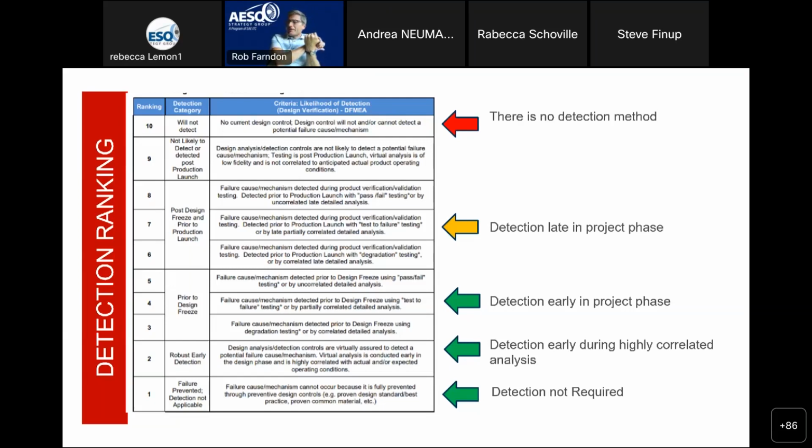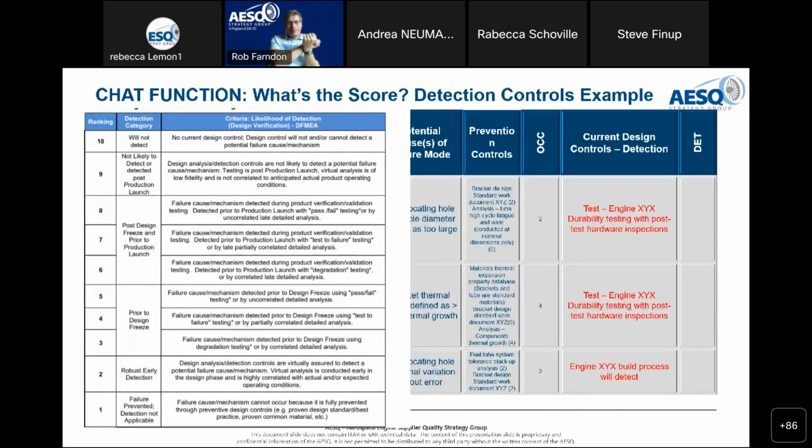Okay, can I have the next slide? Thank you. Okay, so using your chat function, audience participation time again. Could you try and score for us, please? What's the score for these particular detection controls?